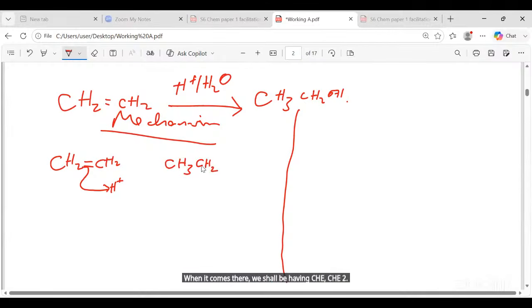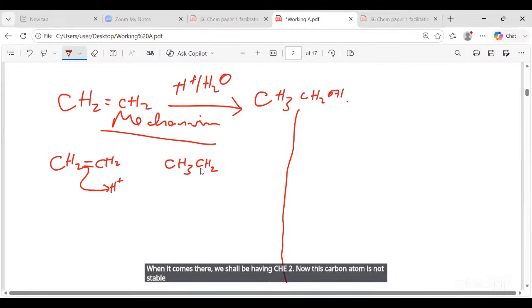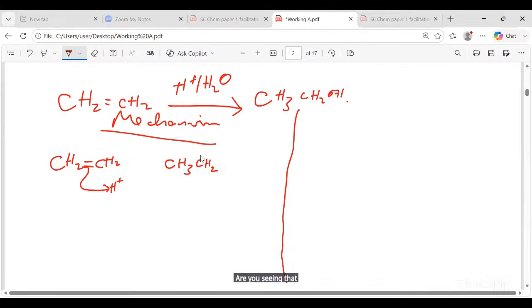Now, this carbon atom is not stable, so it will have a positive charge. Then we can move on. But when you move on, is this space going to be enough?